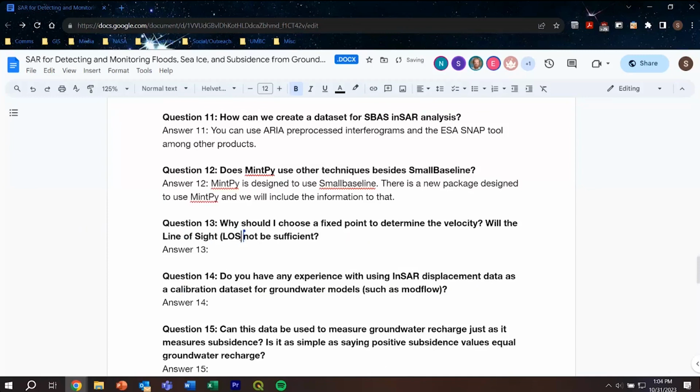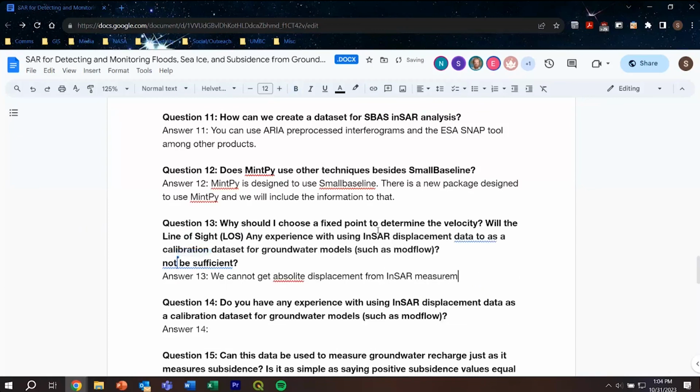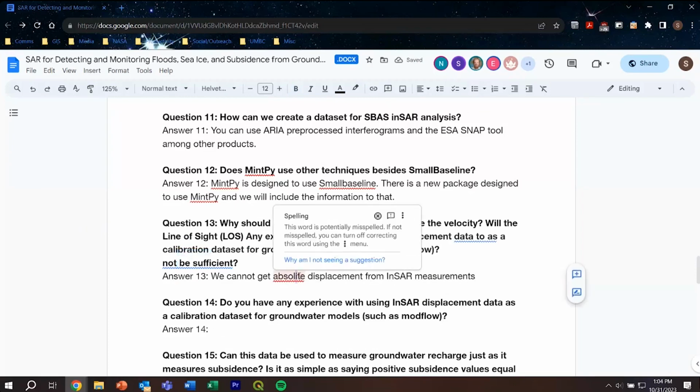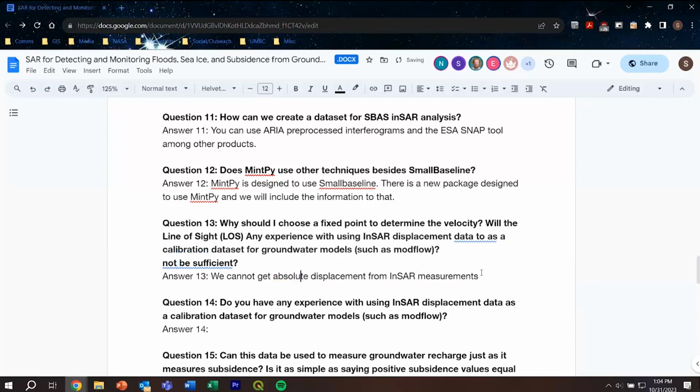We can't get the absolute displacement, so we have to choose a reference point to do the time series analysis, and by definition the displacement at that point is set to 0. That's just the nature of any kind of InSAR analysis.